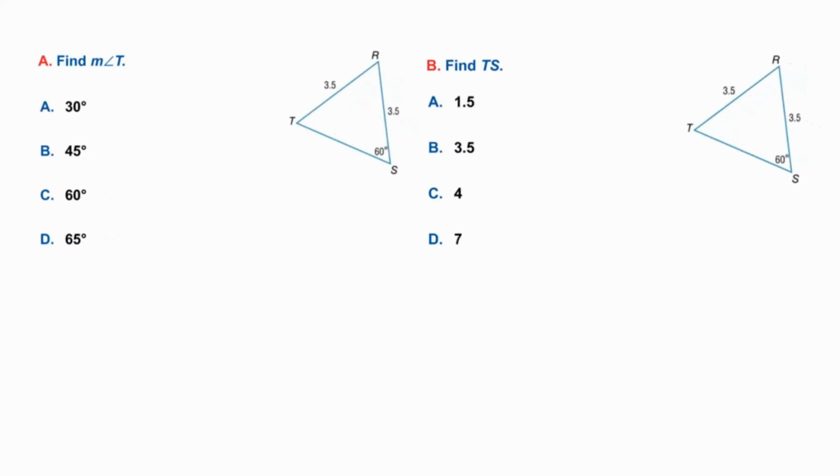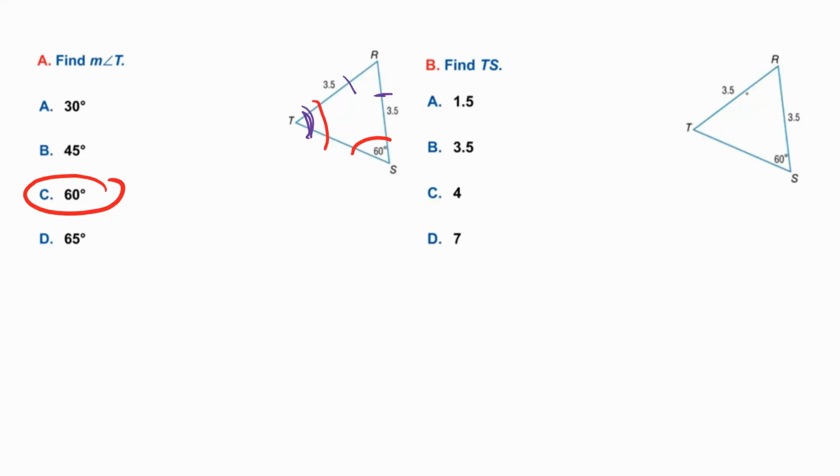And the next problem, we're asked to find the measure of angle T, so we want to find the measure of this angle. We're told that RT is 3.5 and RS is 3.5, so it's isosceles, and by the isosceles triangle theorem, the two base angles here have to be congruent, so it has to be 60 degrees. We're asked to find TS.